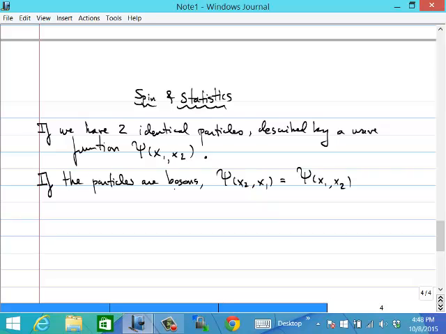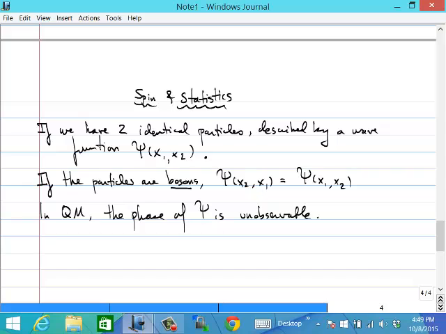But the really important point in quantum mechanics is that the phase of the wave function is unobservable. So when I say that psi of x2, x1 should be equal to psi of x1, x2, I really mean that any observable, anything that I could observe, should be unchanged if I interchange the two particles.